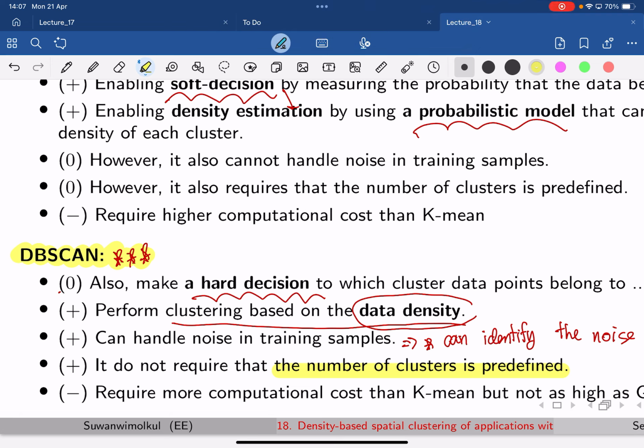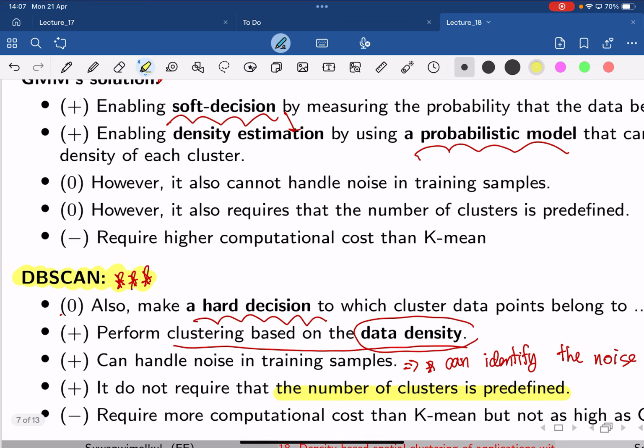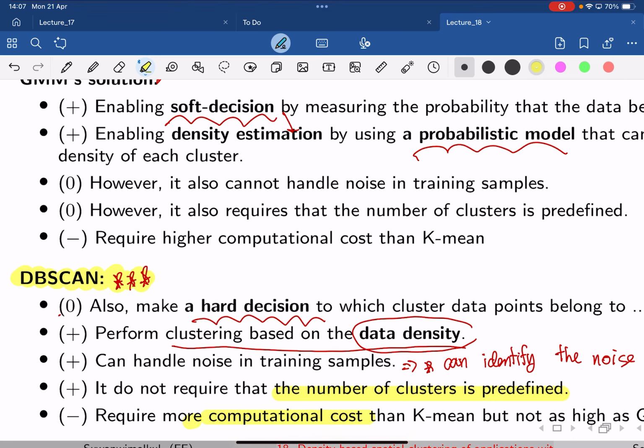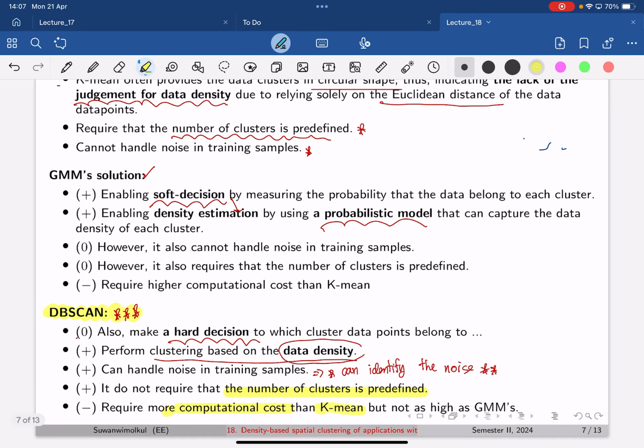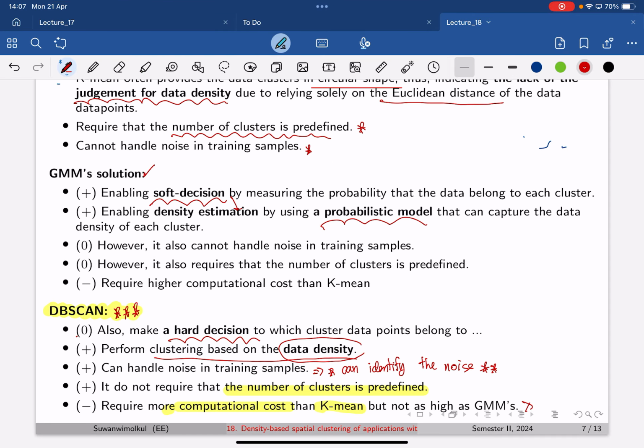And also it can identify noises. And lastly, even though here I said that it requires more computational cost than K-mean, the computational cost is actually quite scalable to big data. That means you can still use it even though you have a lot of data points.